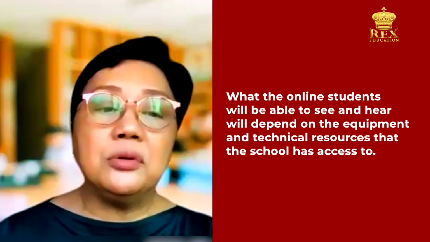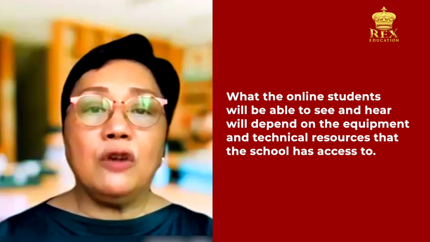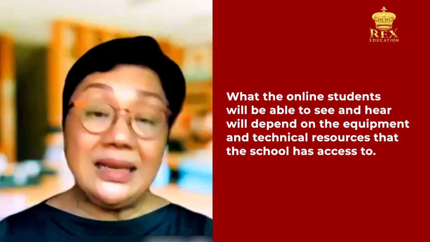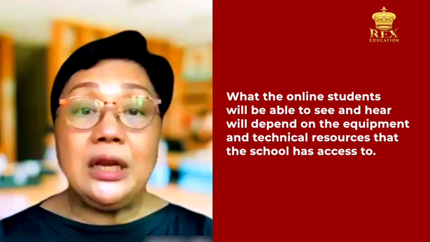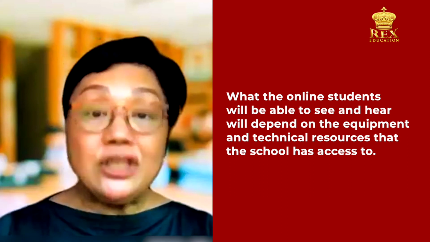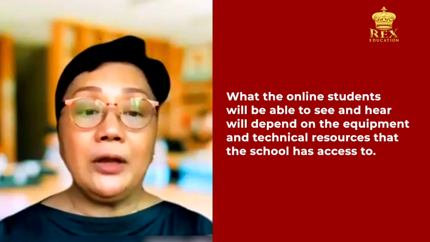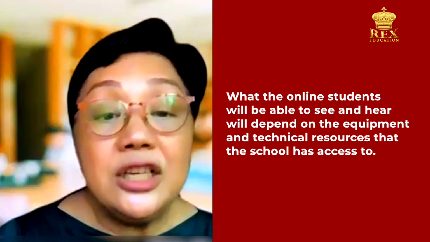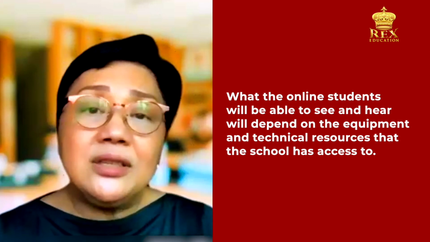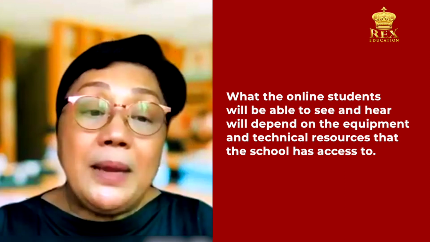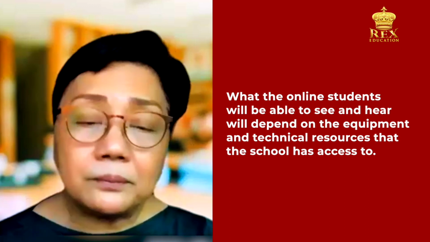So some schools opted for the teachers to do any kind of board work on an electronic whiteboard, which they project on screen for both batches of students, on site and online, to see. Another technical issue crops up when students on site recite, because their voices usually cannot be picked up by the microphone that the teacher is using.